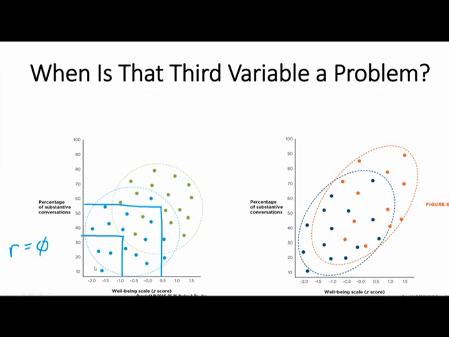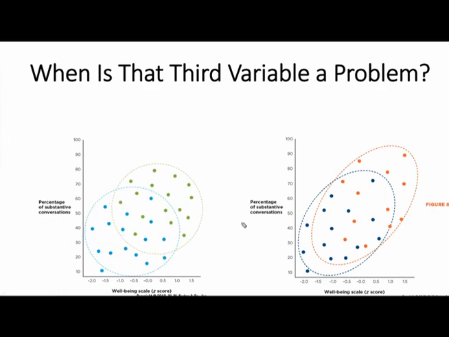So if that relationship disappears when we take that third variable into consideration, then that relationship wasn't really there. And so this means that our experiment had very low internal validity because there was another variable, something that maybe we hadn't measured, that was driving the relationship that we thought that we had found.